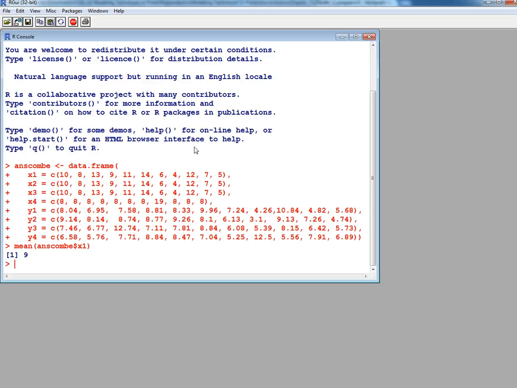Okay? How about, give me another way to find the mean, or another way to reference x1, in other words. Square bracket. All right, okay. So he said this.